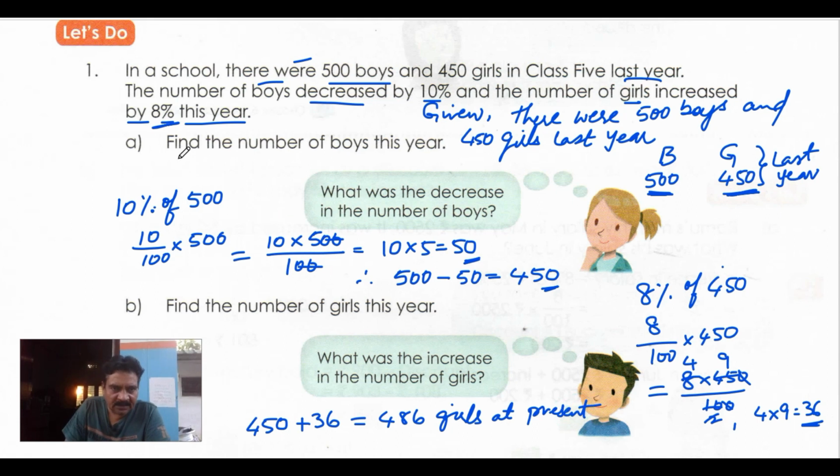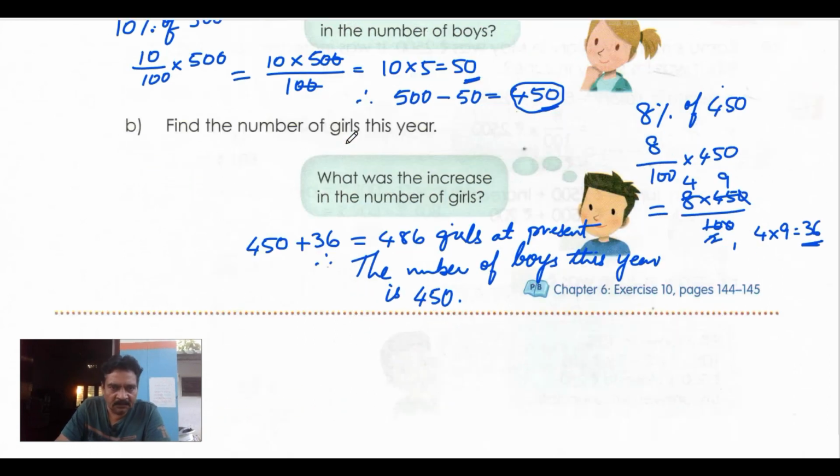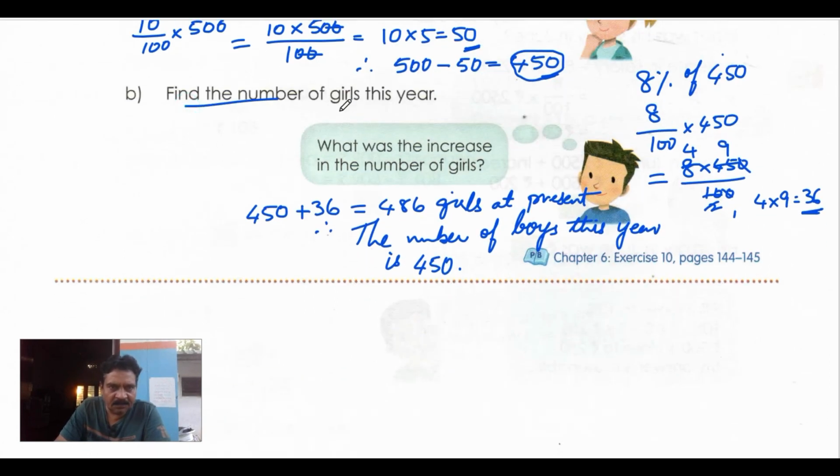Now the question is, find the number of boys this year. We have already done it. This is 450. Therefore, the number of boys this year is 450. And the second one, find the number of girls this year.